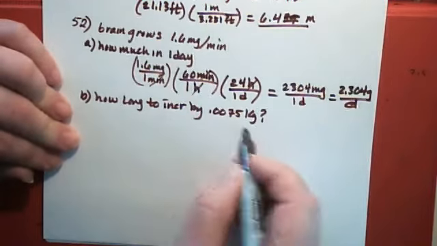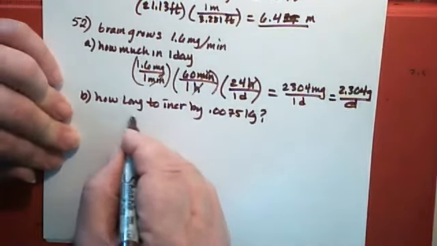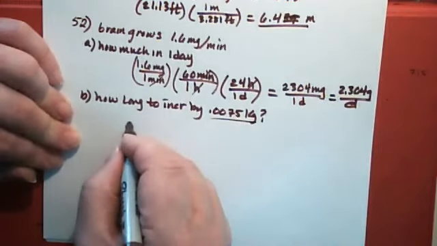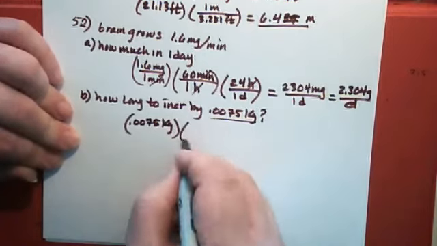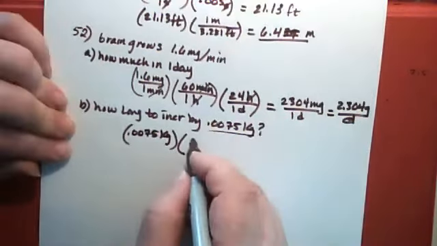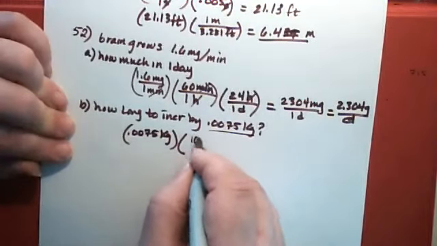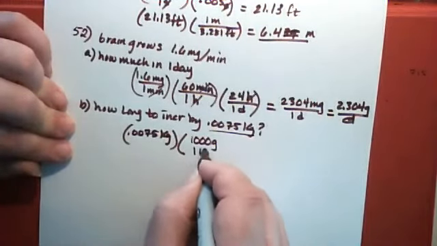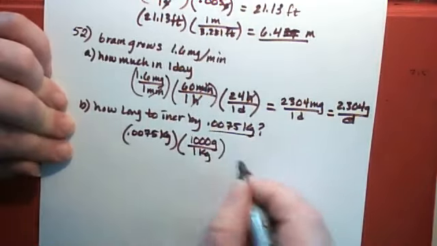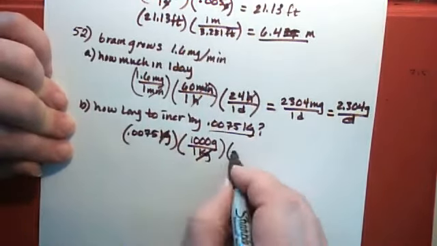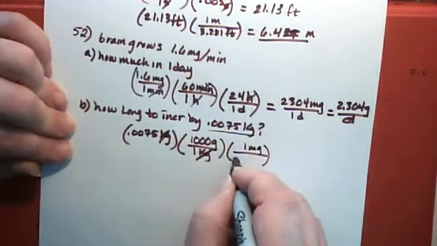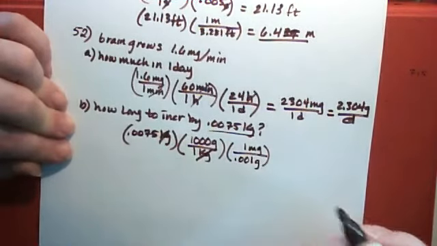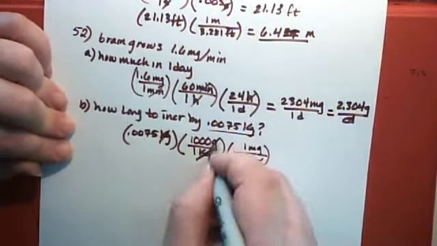So if we have milligrams per minute, we're first going to want to know what mass we're looking for in milligrams. So 0.0075 kilograms. First, you want to convert to grams. There are 1,000 grams per kilogram. And then once you're in grams, there's 1 milligram for every 0.001 grams, and grams will cancel.